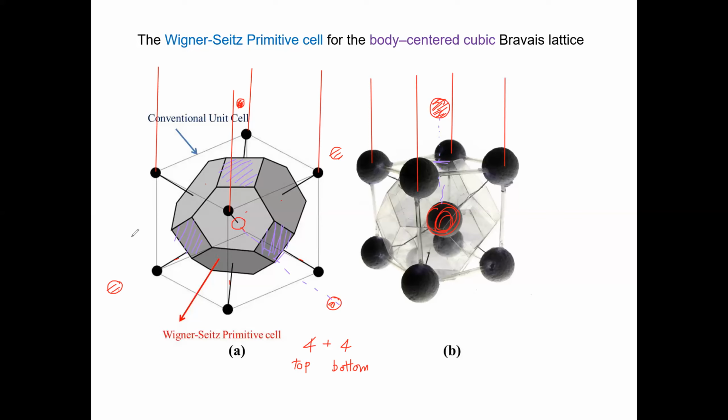And then around here, remember, in the middle here, the red atom here will point, right, 4 faces. 1, 2, 3, 4, right? 4 faces. And this, okay? Another 4 here on the sides.